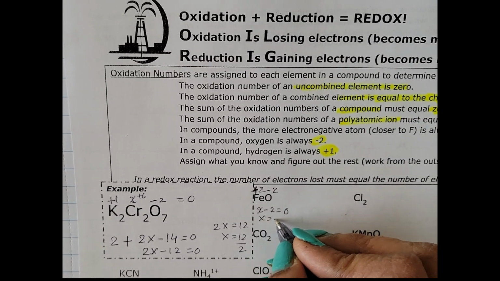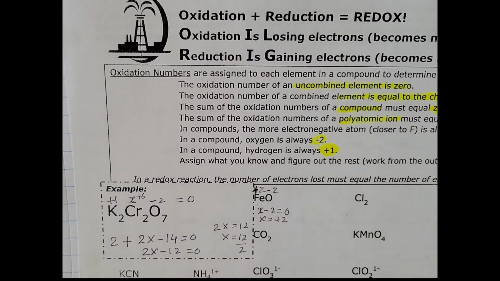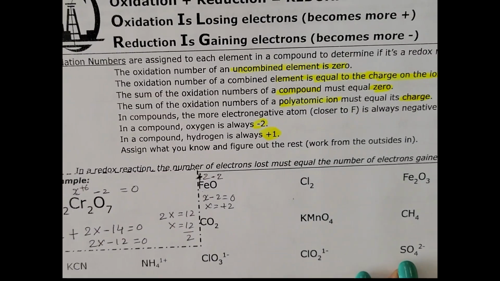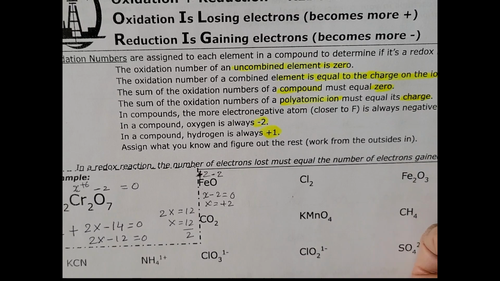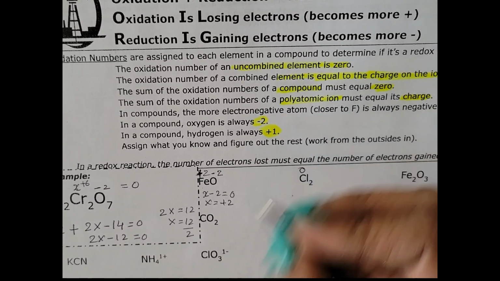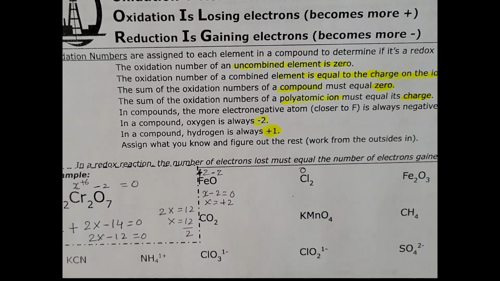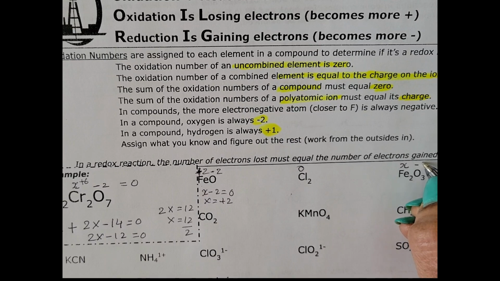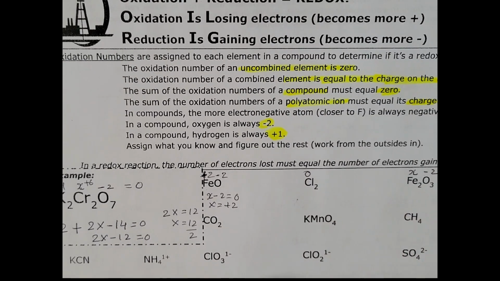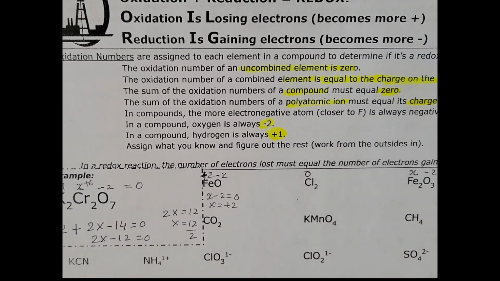X equal to what? 2. Okay, try the next one. Cl2. Uncombined element, so that will be what? 0. Okay, now you go try this one. Find the charge of the ion. Oxygen is minus 2. I'll give you a few seconds to try.